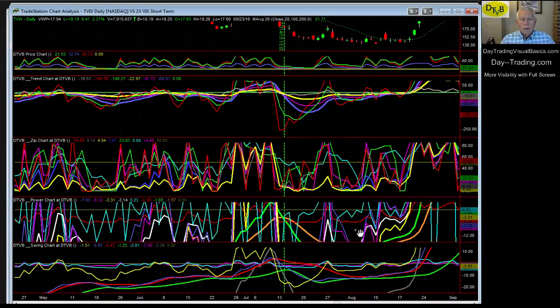So power red wears a few different hats. The big 3 are trend red, power red, and zip Zion. And when those 3 are lowest, the power that they have together in being lowest typically causes an uptrend of a few days. Same thing when they're all highest.